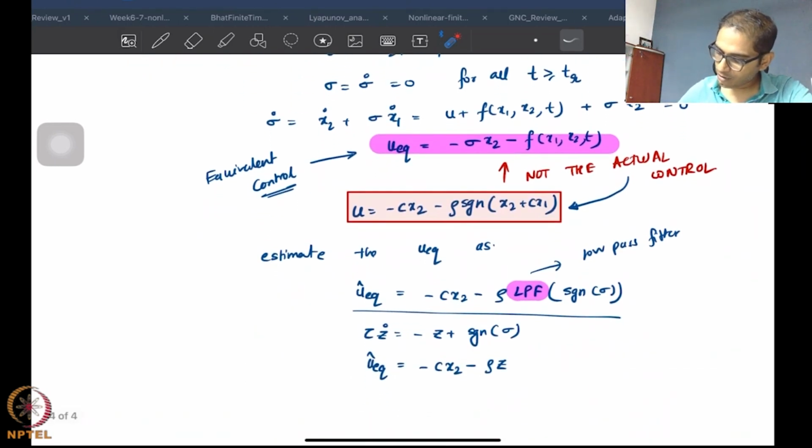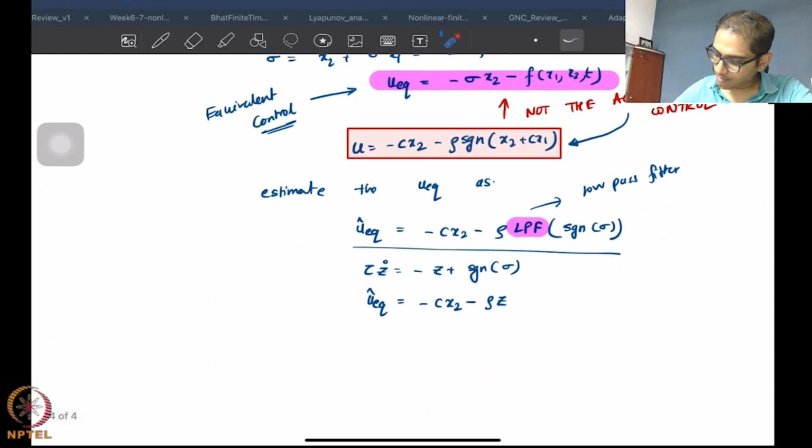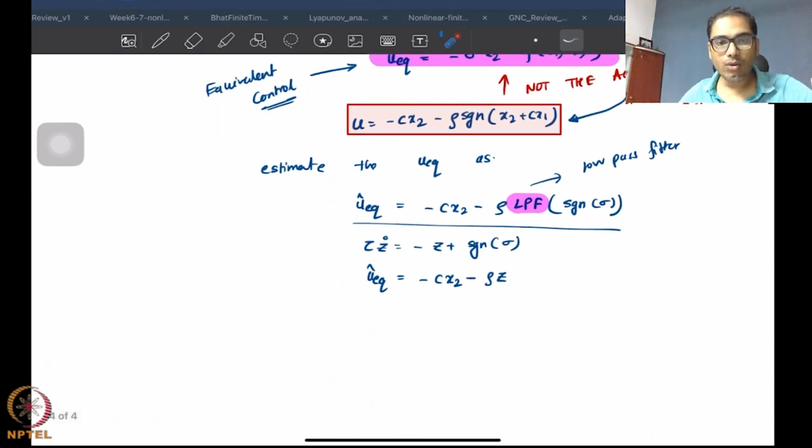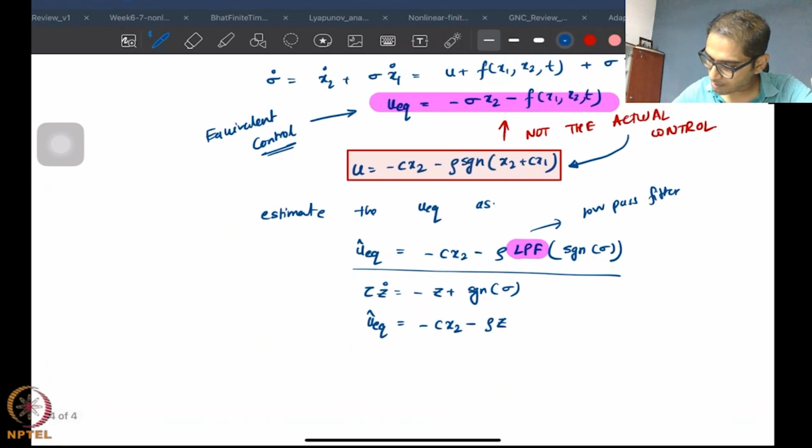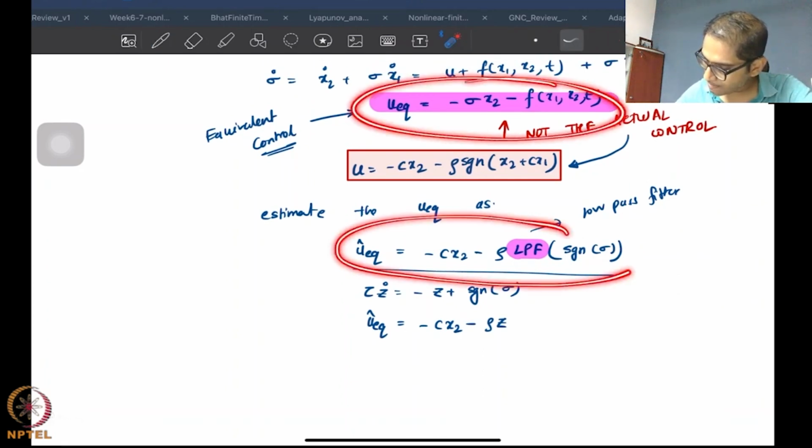Therefore an estimate for the equivalent control is simply a low pass filtering of the signum function here, and that's what is implemented here.